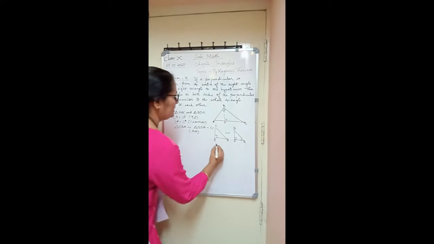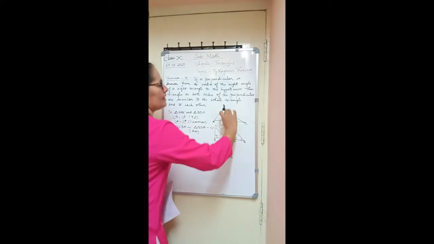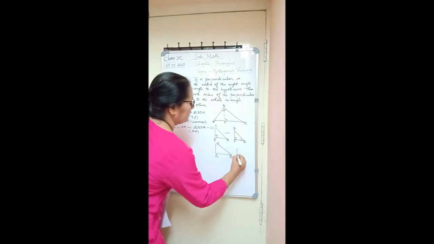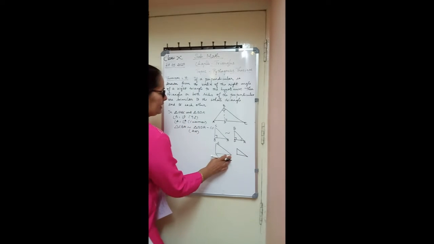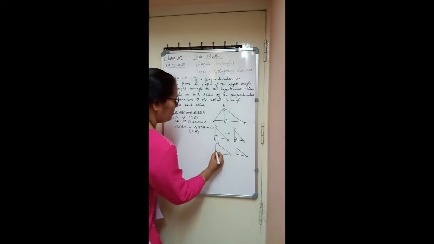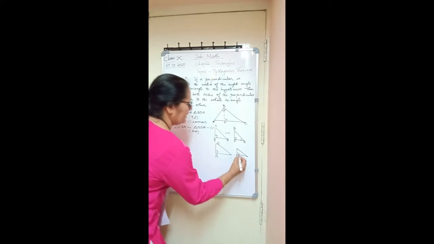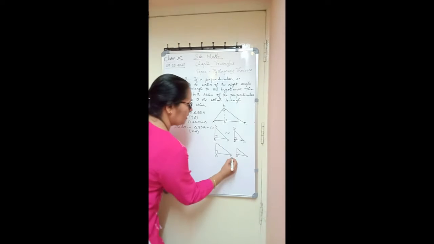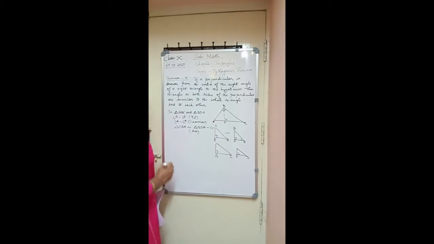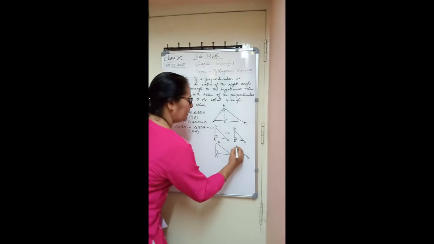Now we'll take another triangle, this one. So, triangles again CBA, the whole triangle, and this right triangle. Now, in these two triangles, see here, angle B is 90 degrees, and in this BDC angle D is 90 degrees. And angle C is common for both the triangles.